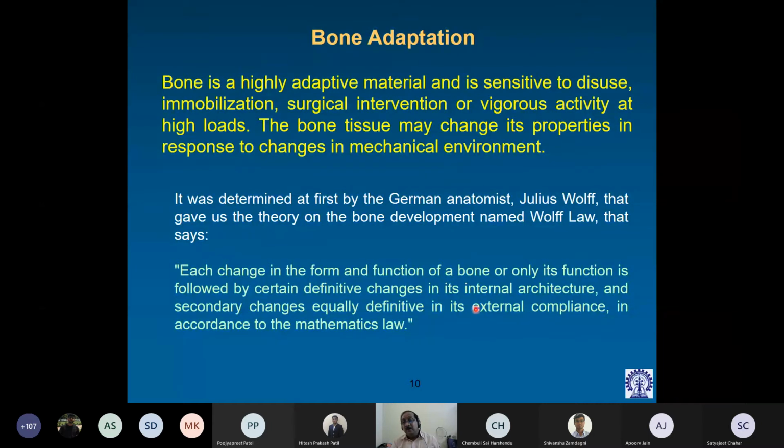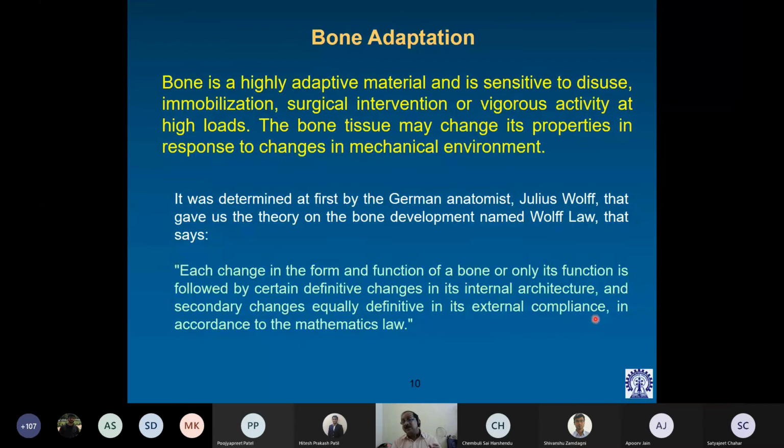So the bone not only changes its internal structure, it can also change its external compliance according to some mathematical laws. So in a very summarized manner, we can say the cancellous bone structure is changed, which belongs to internal remodeling or internal bone structure.